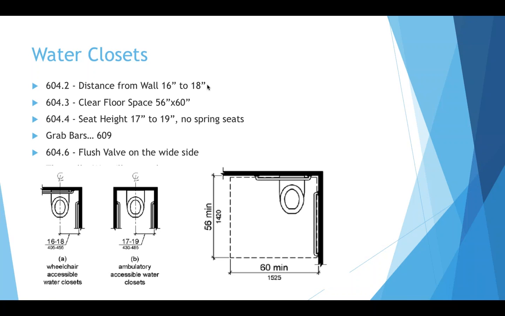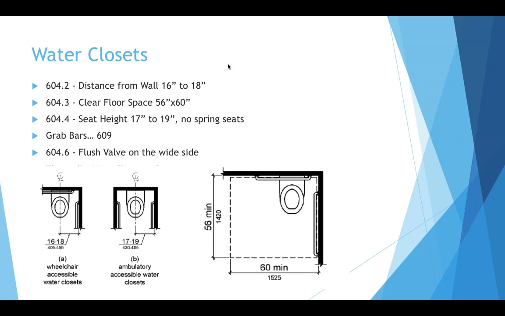Anytime that you have a range illustrated, in this case 16 to 18, as a designer, it's good practice to pick that number right in the middle, 17 inches. Because if you tell them 18 and okay, they're thinking, okay, I got inch tolerance, that means they could build at 19.